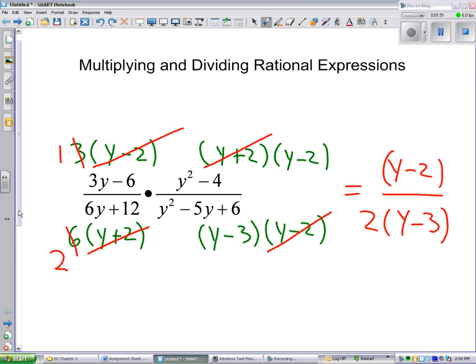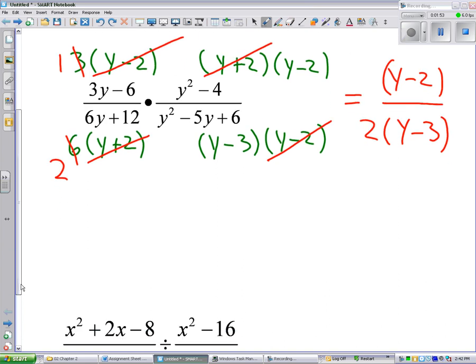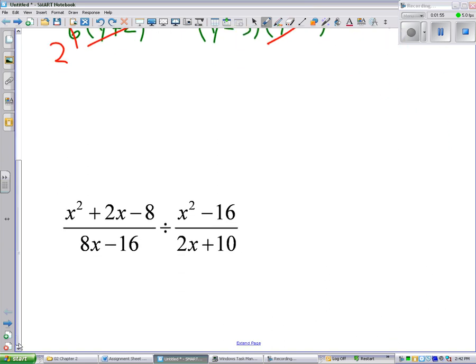When we get into division, we use the same process. We have one extra step though. Before we can change to a division problem, we need to turn it into a multiplication problem. So what we do is we use keep, change, flip.